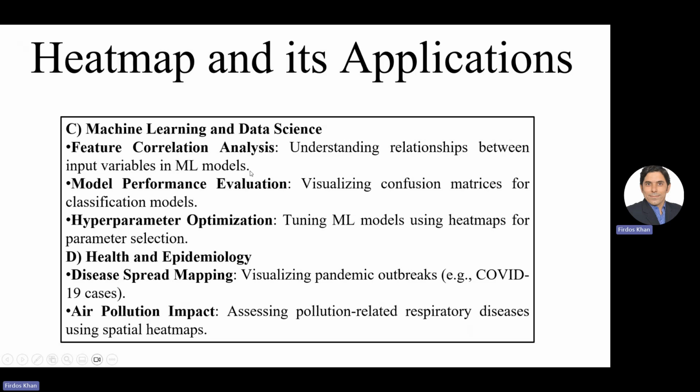Now see, machine learning and data science. Feature correlation analysis: understanding the relationship between input variables and ML models. You can do this as well if you have the information about input variables and the ML model, or you can say the dependent variable. You can draw a heat map and see the feature correlation, and you can get some important information about the relationship.